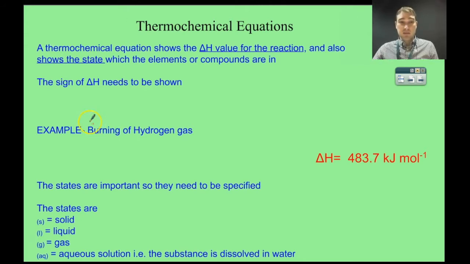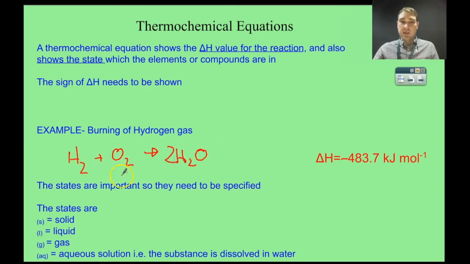We're going to do the burning of hydrogen gas. So burning hydrogen in oxygen. So hydrogen gas plus oxygen gas, and the product there, well, we don't have carbon dioxide, we've got only water, so H2O. Now I looked up the enthalpy value for this reaction. You'll be told the enthalpy value, and this is an exothermic reaction. It gives off heat and light, so that's going to be a negative value for the delta H. We need to make sure it's balanced, so we've got 2 hydrogens here, 2 hydrogens, that's okay, 2 oxygens, only 1 oxygen.